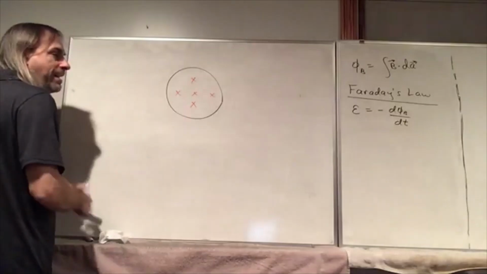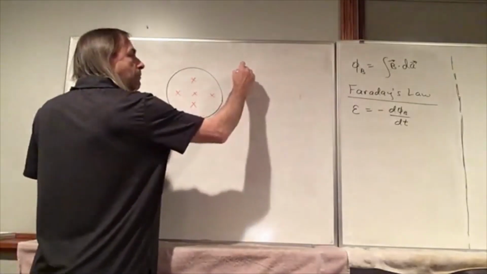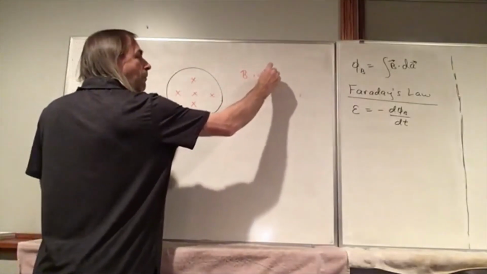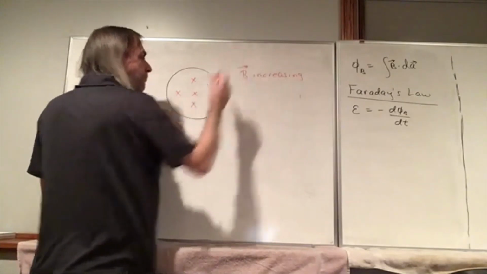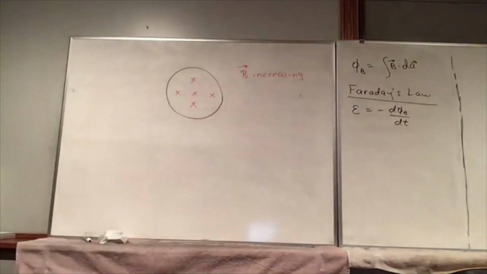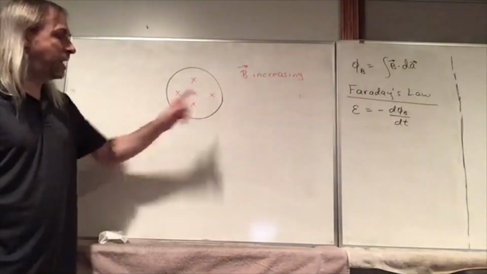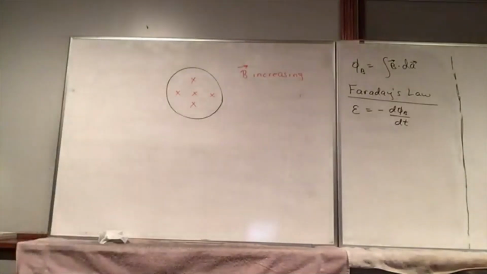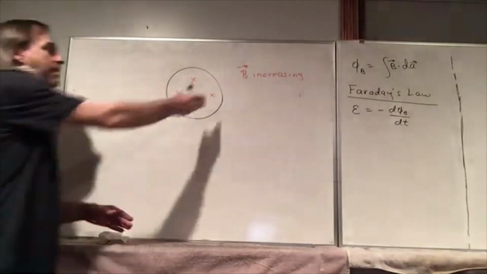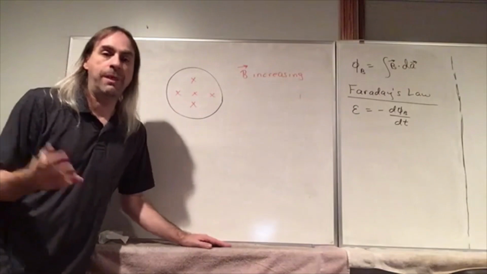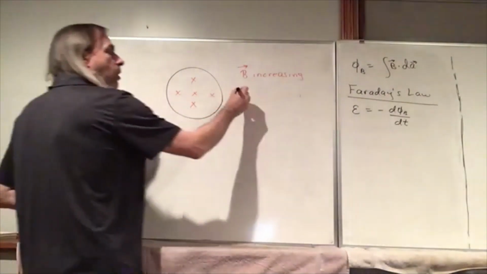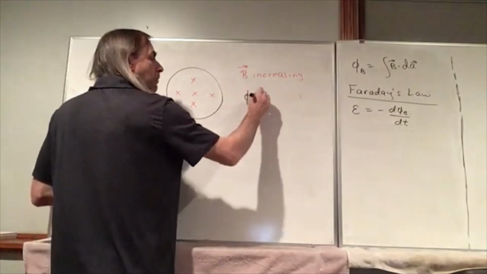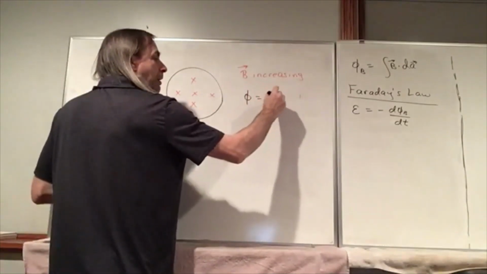And say that the magnetic field is increasing. So it's increasing into the board. And so the flux is clearly changing in this case. Let's say we have a constant magnetic field in this region. That makes life easier. So in that case, the flux would just be B times the area.